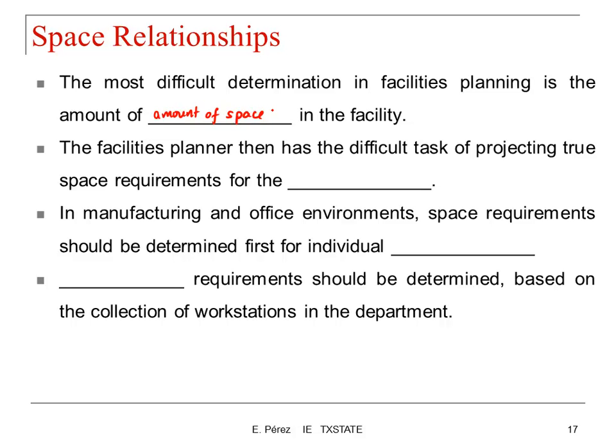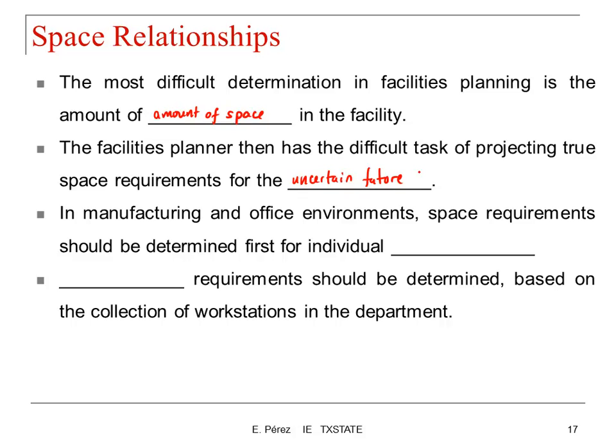Okay, so you need to plan up how you're going to allocate that space within your facility. The facilities planner then has the difficult task of projecting true space requirement for the uncertain future.